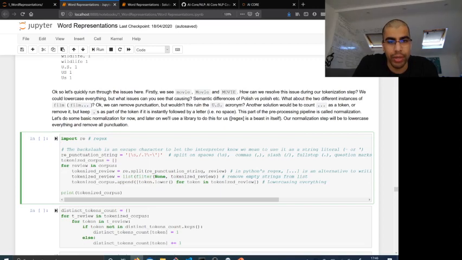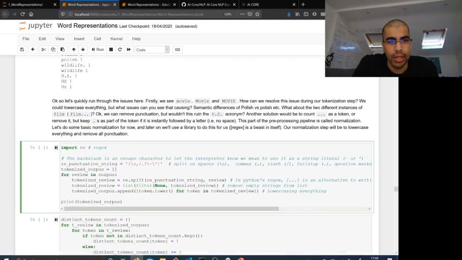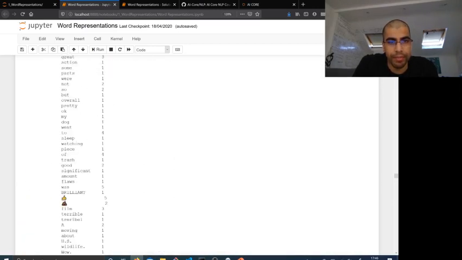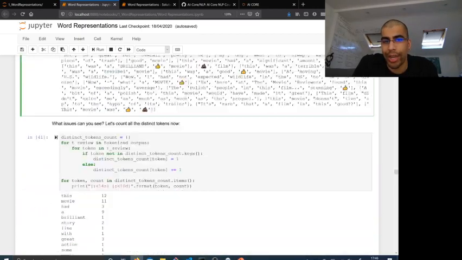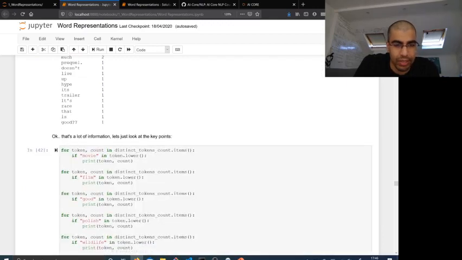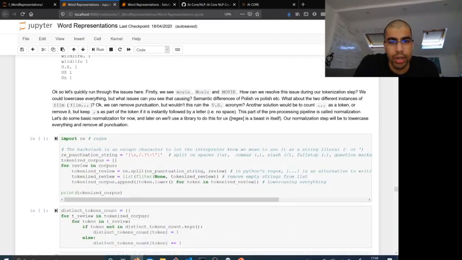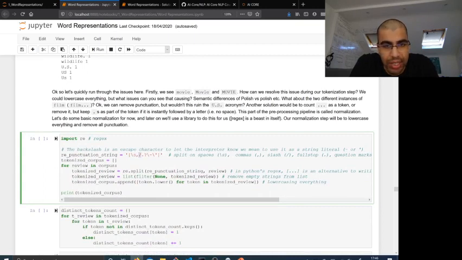But essentially, here we split on spaces, right? But now we're going to say, okay, let's split on more than just spaces. Let's split on spaces, which is this backslash s, commas, a slash, a full stop, a question mark, a hyphen. This backslash here is actually an escape character, so I know it can get kind of confusing.